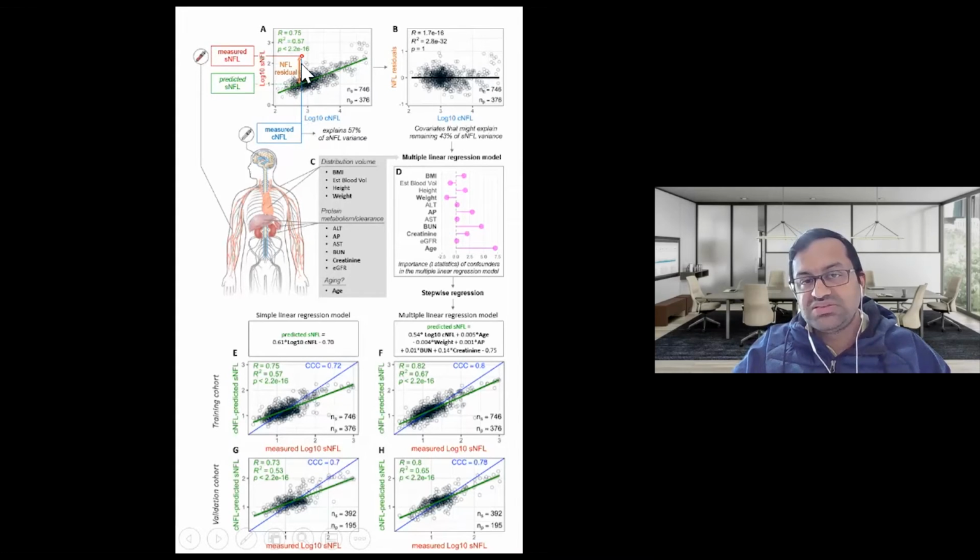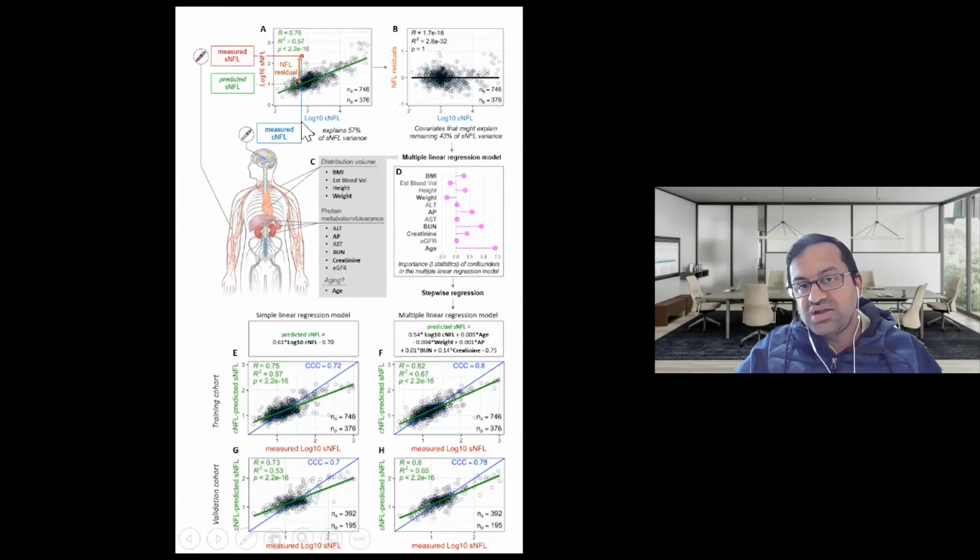The distance between the best fitting line and that point we call residuals, or NfL residuals. Based on these residuals, we try to find the confounders. If the residuals are strongly correlated with any factor, then that factor is considered a confounder.